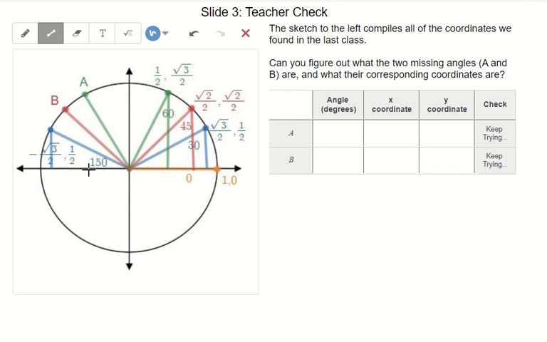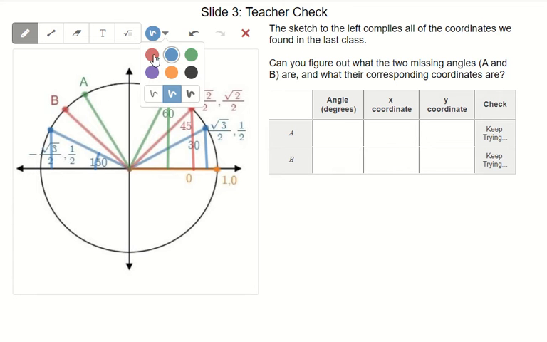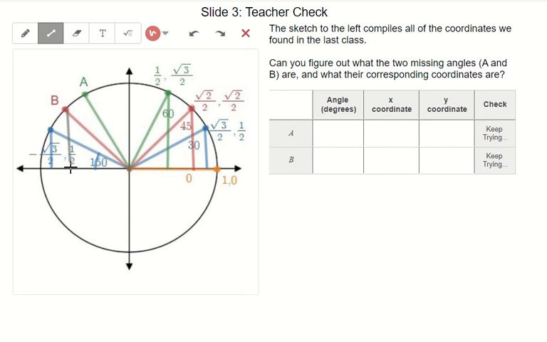And in fact, this is 150 degrees, right, which is a 30-degree reference angle from the x-axis. 150 is 30 degrees distance from 180, right? 180 minus 150 is 30, so this is a 30-degree angle as well. So I wanted you on this one to connect the reference triangles from the prior activity to this one. So now we're trying to find this red one and then this green one, right?